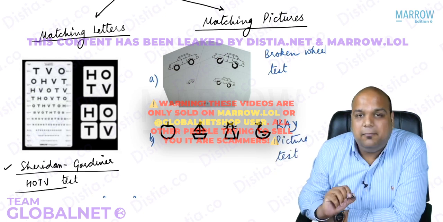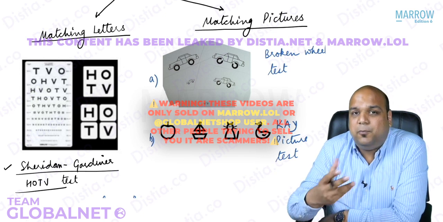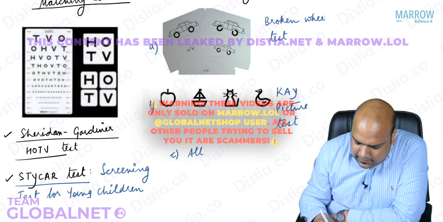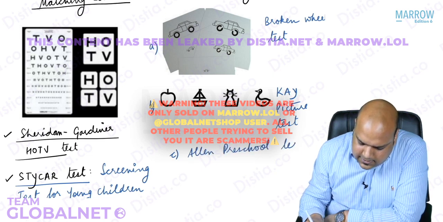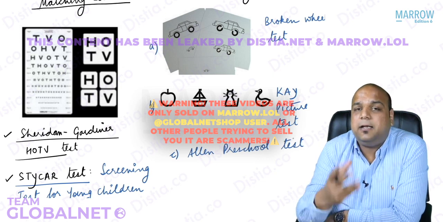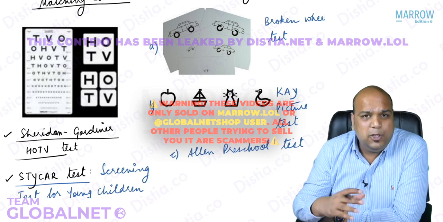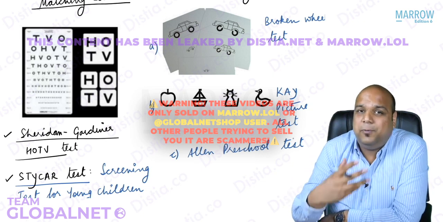Now, there are pictures which you have to match, everybody. Another test which can be done is the Allen preschool test. That is another test which can be done in this group. Okay, you just need to remember the names, maybe know the photographs. Not very commonly done, not very commonly asked.